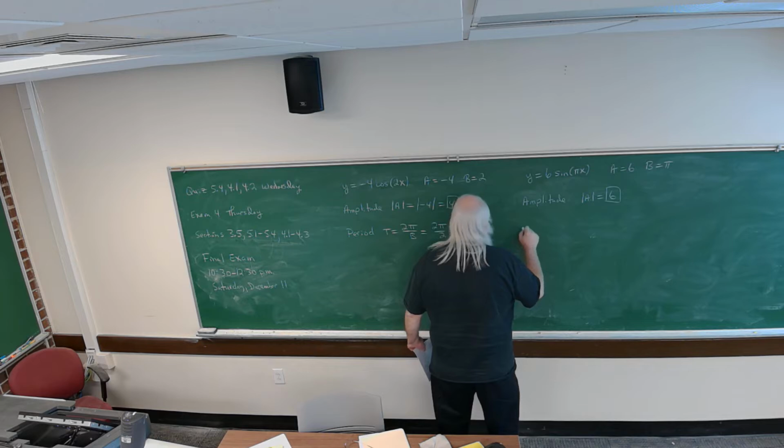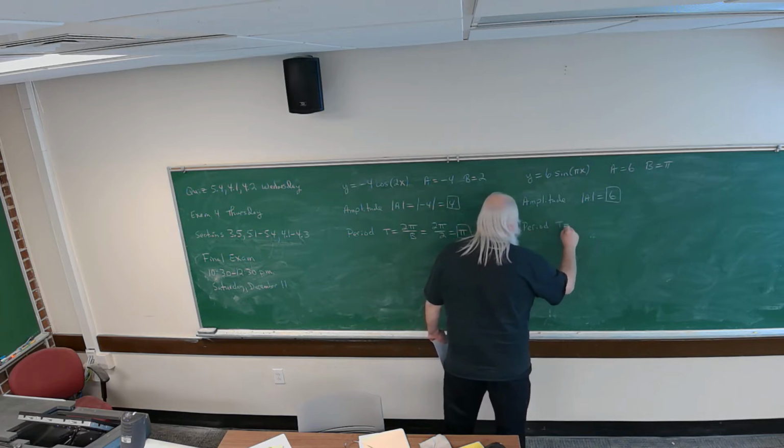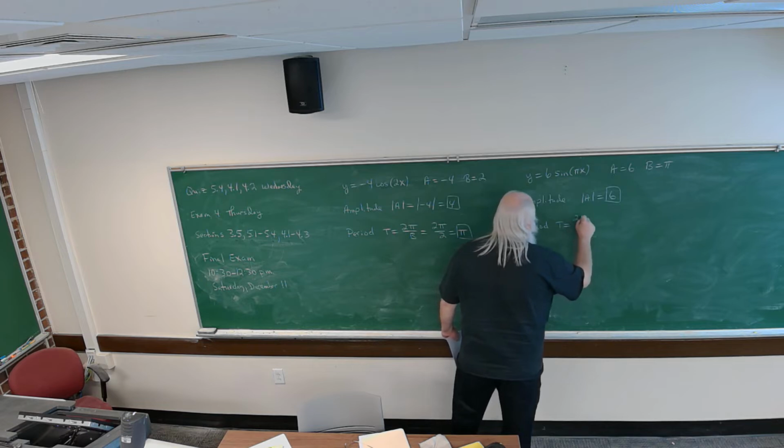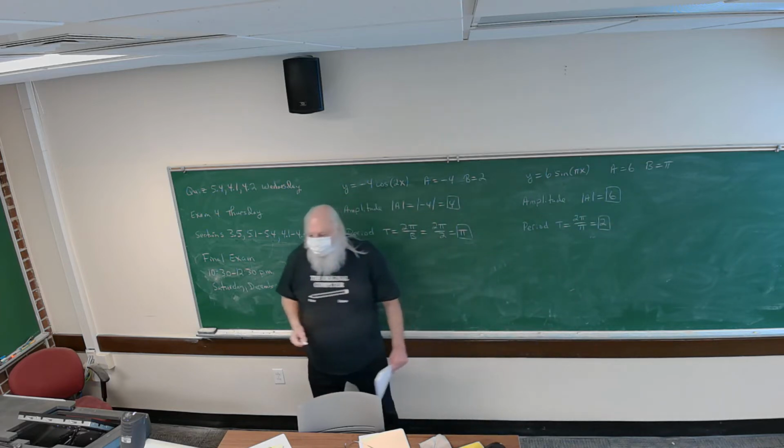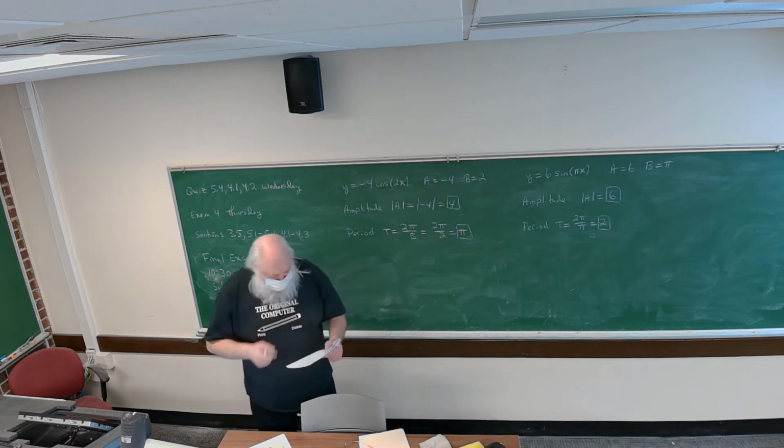And the period T, which is equal to 2 pi over pi, is equal to 2 radians. So every 2 radians, the graph will repeat itself.